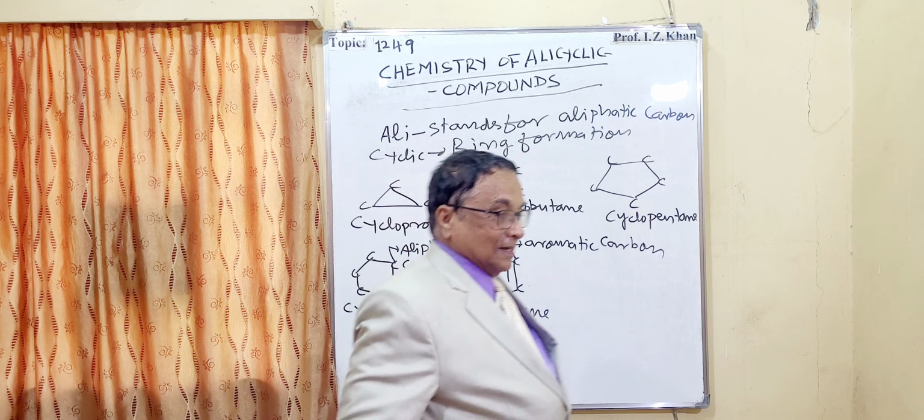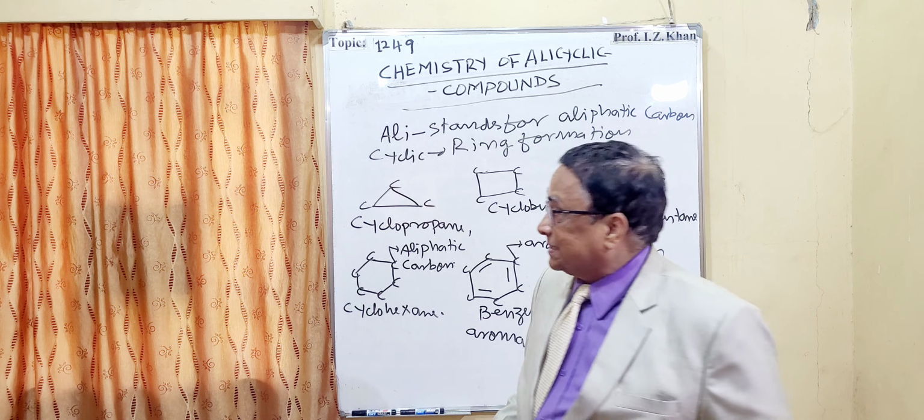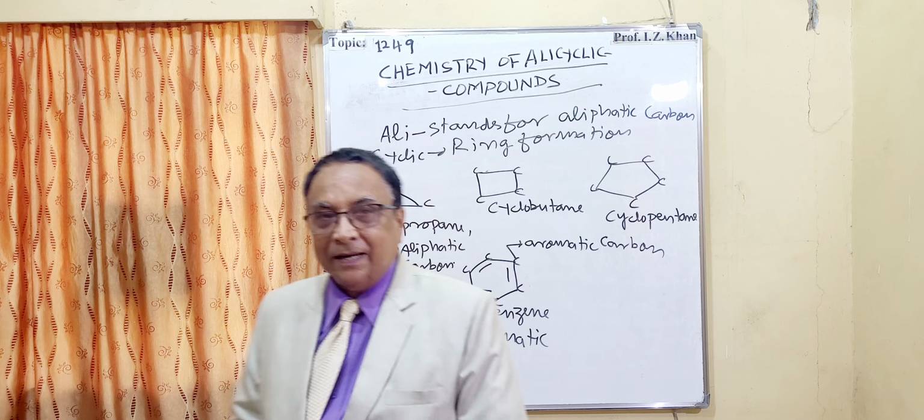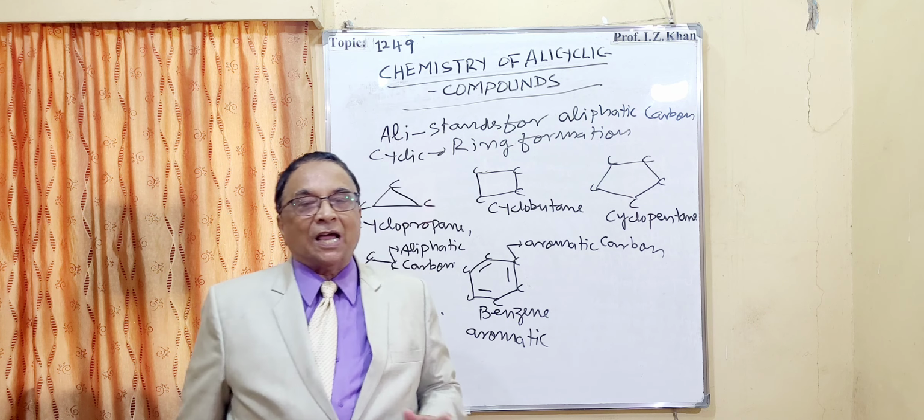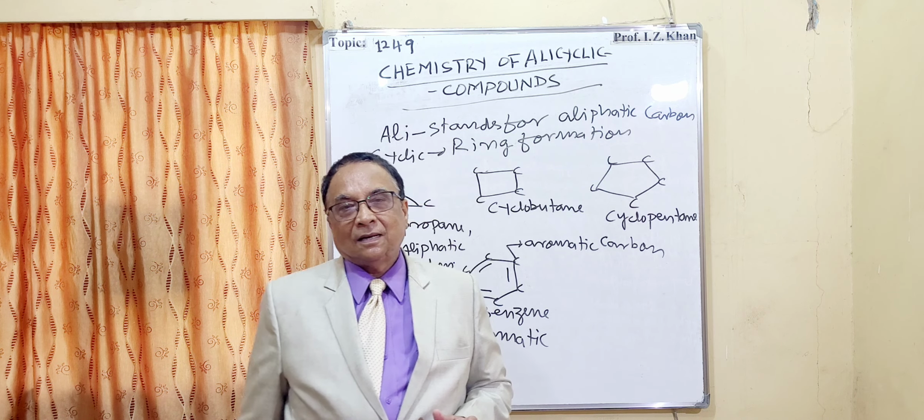So it's very clear, in picture it is shown that the two type of carbons, aromatic and aliphatic.